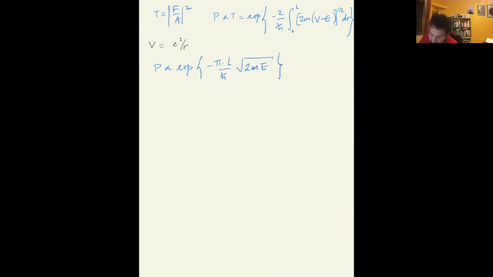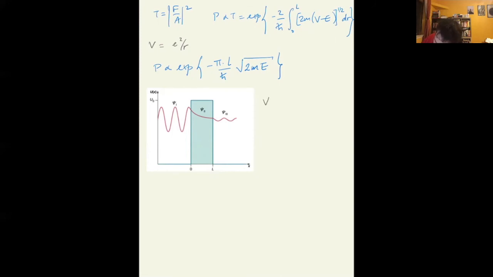So you can write this L here in terms of the energy. Remember, L is the length of the forbidden region. Remember that V max, the maximum of the potential barrier, is e squared over R naught. And the beginning of the barrier is the first point where the energy is equal to the potential energy.